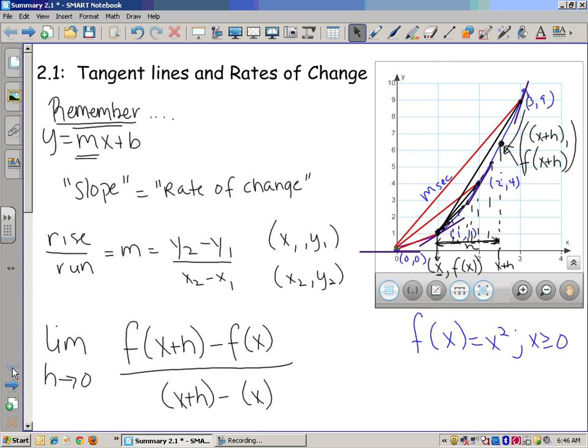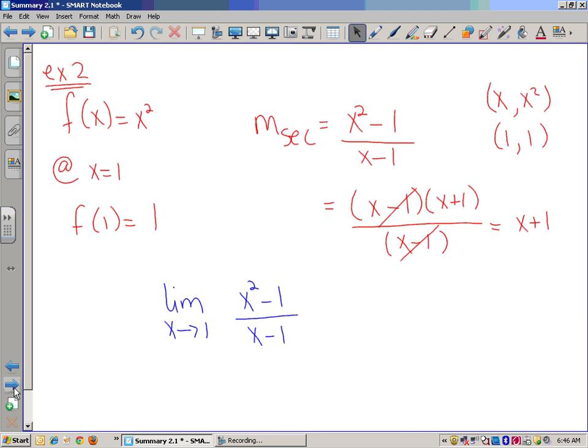I want to look at these black lines: I was starting at 3, now I'm at 2, and I'm getting closer and closer. As I bring these dots closer, the secant slope approximates the tangent slope.